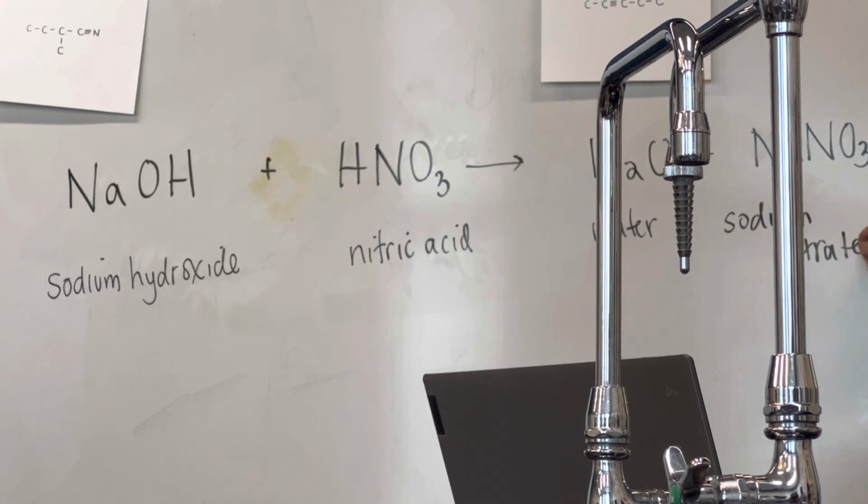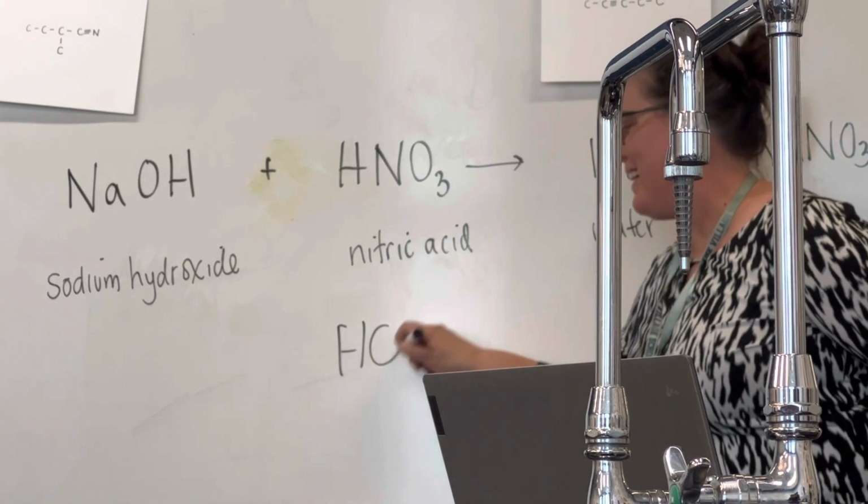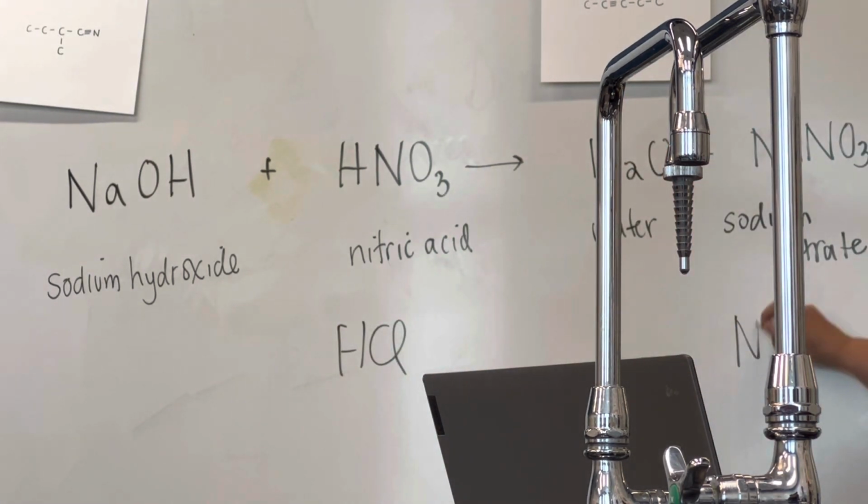Nitrate is the conjugate base to nitric acid. All ic acids become ates. All ous acids become ites. All hydroic acids become ides. You agree if this is hydrochloric acid, you would call this sodium chloride?